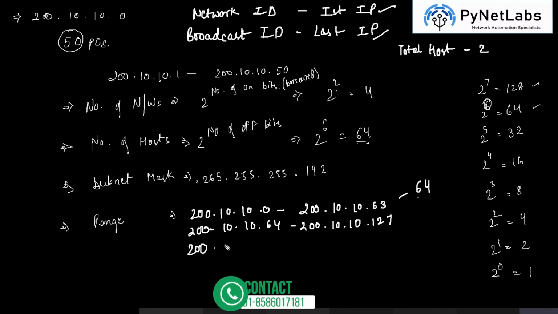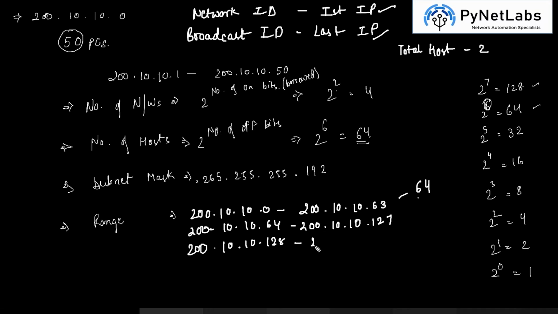Then the third range will be from 128 to 190. Then from 200.10.10.191 to 200.10.4. So these will be the ranges for IP addresses.